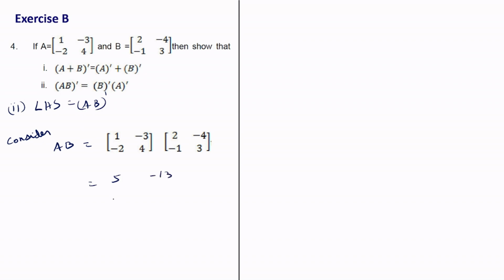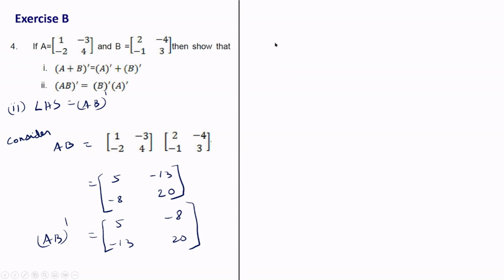And next we have minus 4 minus 4, minus 8, then 8 plus 12, 20. So this is AB. AB the whole transpose: the first row becomes the first column and second row the second column. So this is AB the whole transpose.